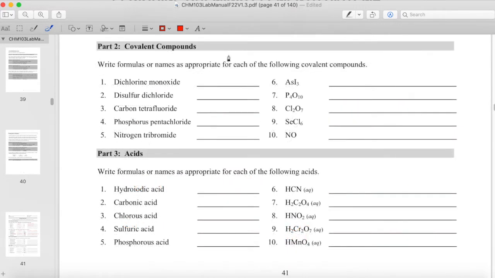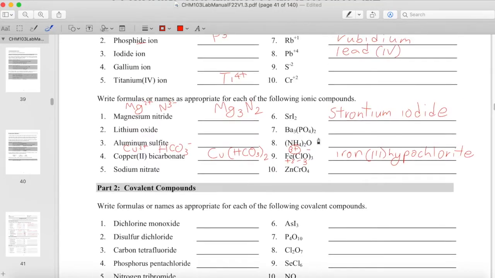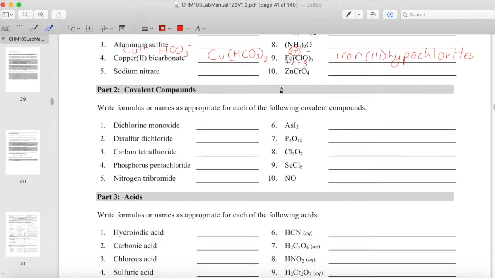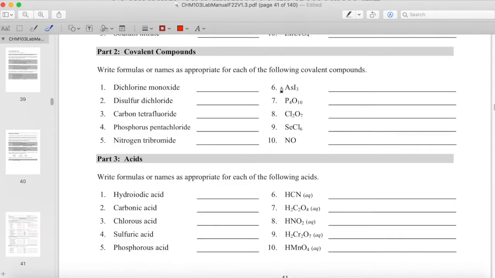Now covalent compounds. This section, I think, often comes as a relief to students, especially after dealing with all the rules in the previous section. Not that the rules themselves are difficult. I think just getting the hang of the rules has a bit of a learning curve, and sometimes students find that frustrating until it clicks.